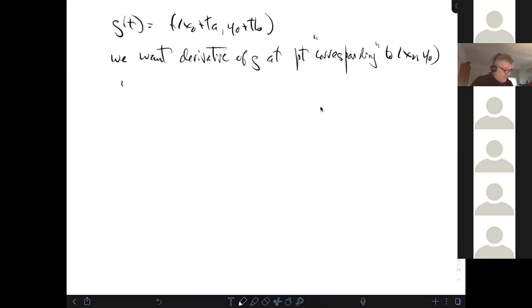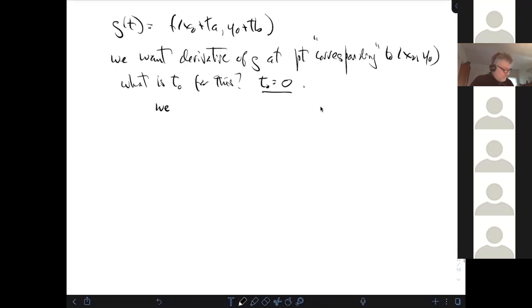What is t0 for this? Here's x0, y0, and that is t equals 0. That's what I want. So we want g prime of 0. This is what we're after.